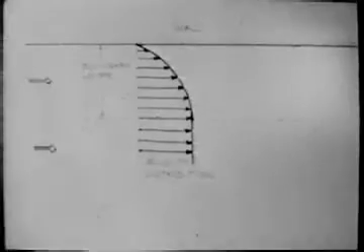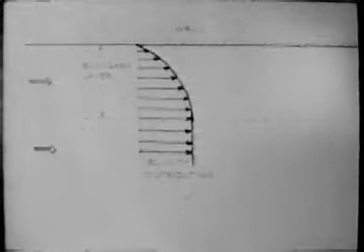But the arrow rotates, showing that vorticity is present. Near the wall is a viscous boundary layer, in which the velocity increases with distance from the wall.